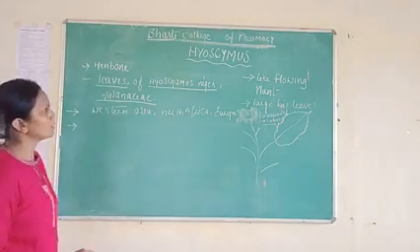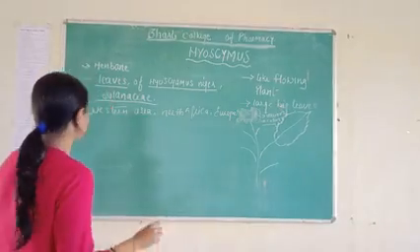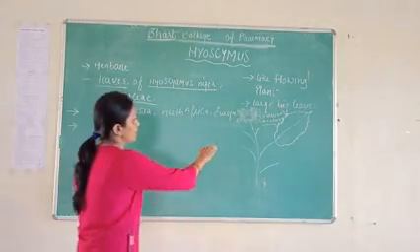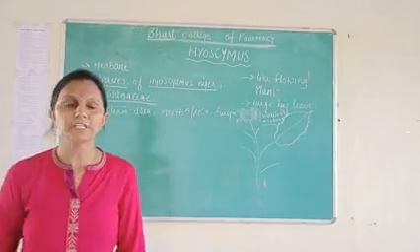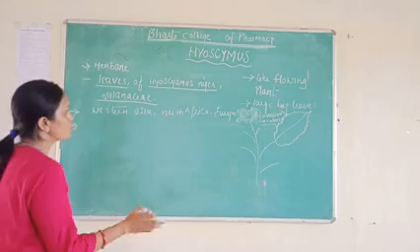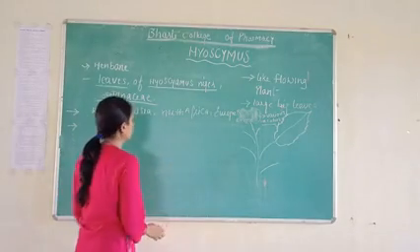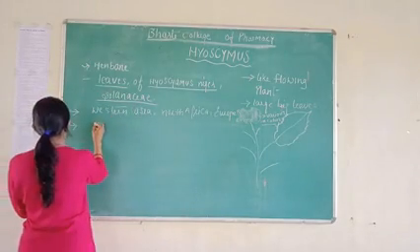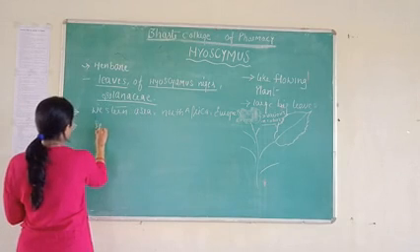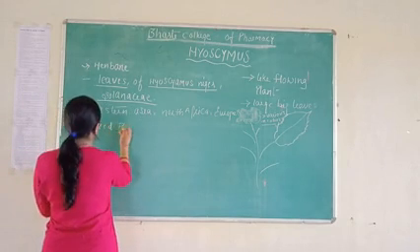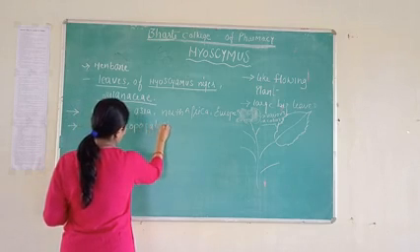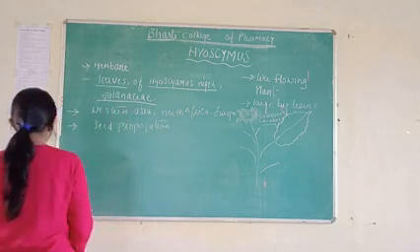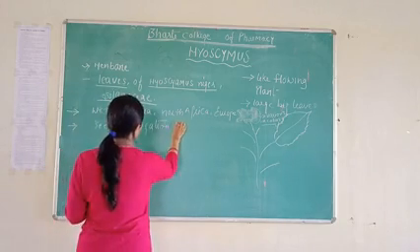Next we talk about their cultivation. Cultivation means how Hyoscyamus is cultivated in the field. Hyoscyamus should be cultivated by the seed propagation method.